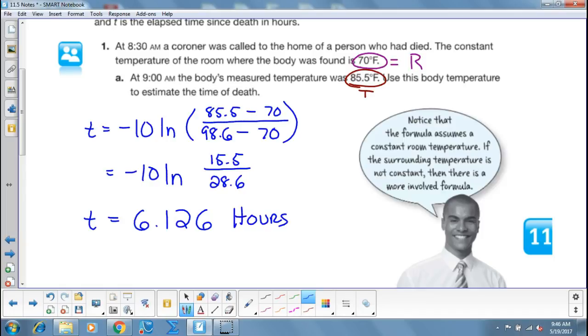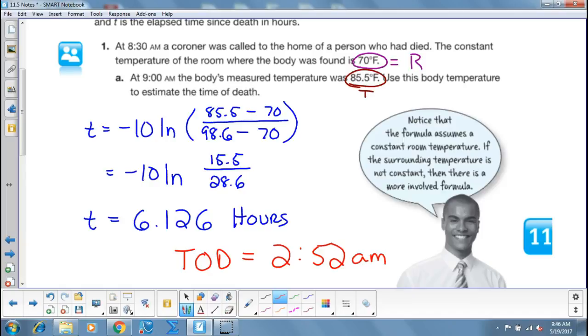So I am estimating the time of death, TOD, is 6 hours and 8 minutes ago, which would be 2:52 a.m. Yes?